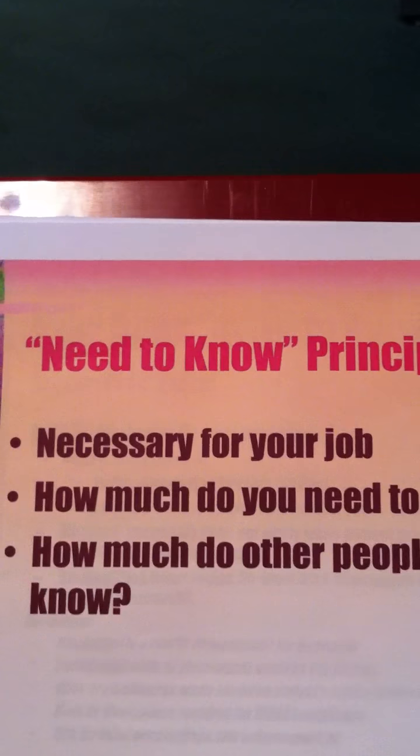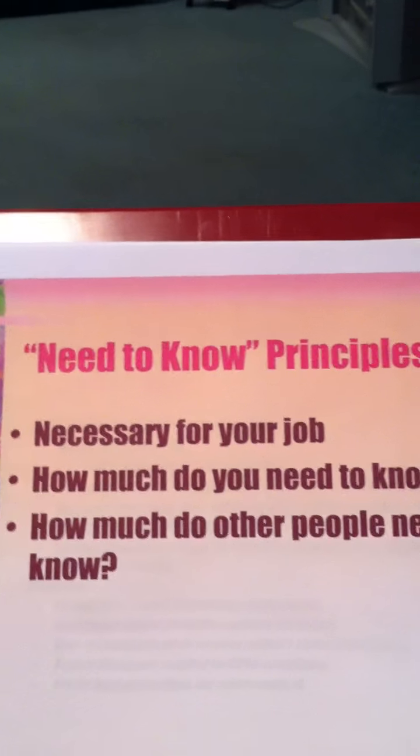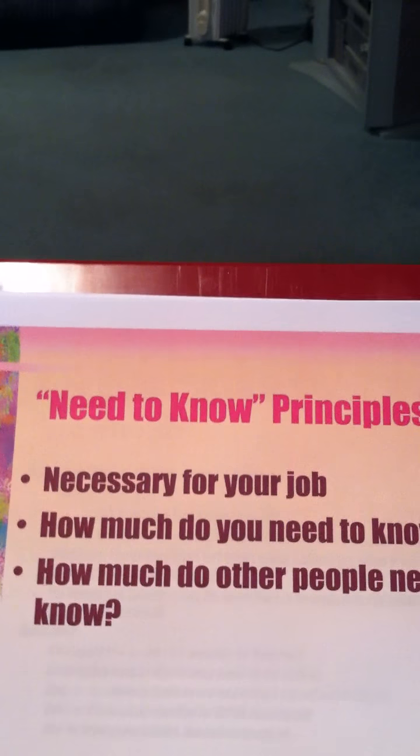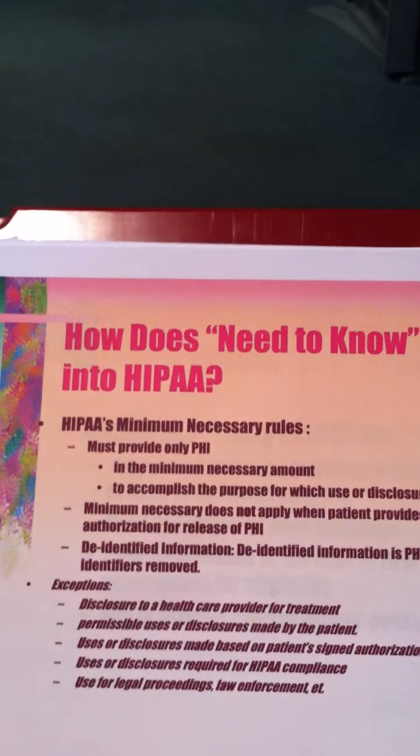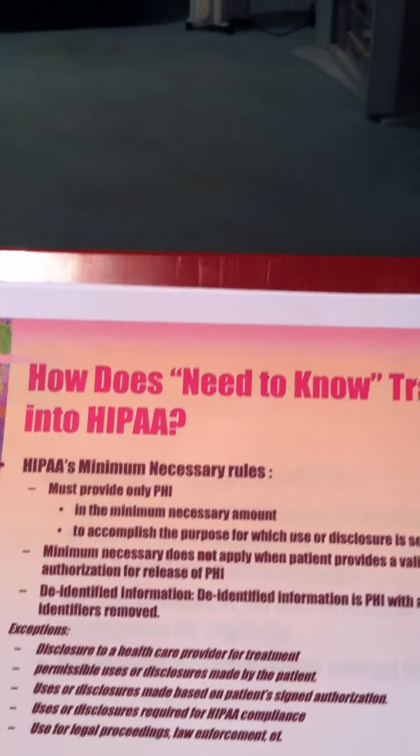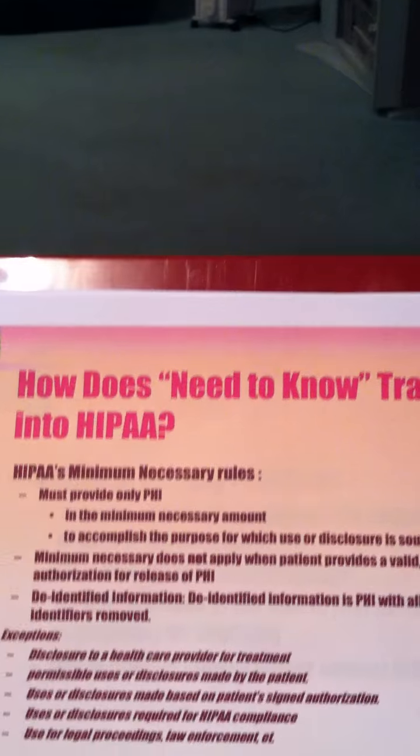What are the need-to-know principles? The need-to-know principle is that information necessary to perform your job. How much do you need to know? And how much do other people need to know, such as a doctor's office requesting PHI? HIPAA has minimum necessary rules.